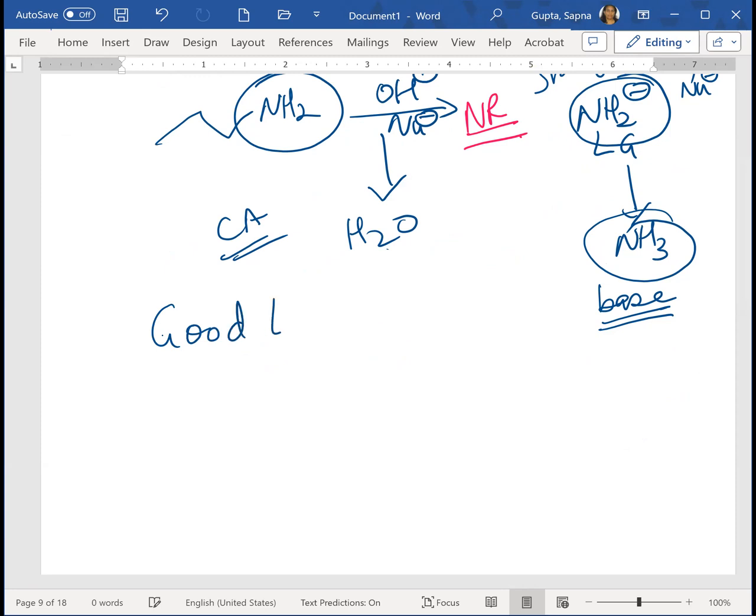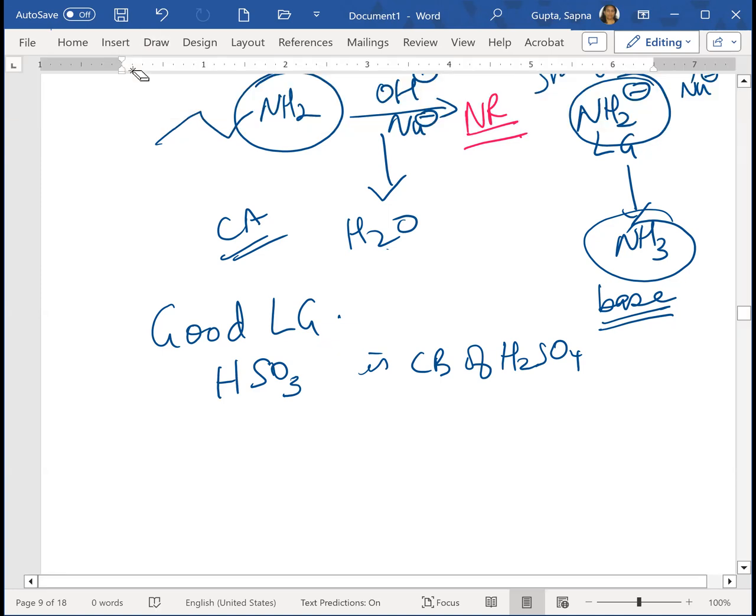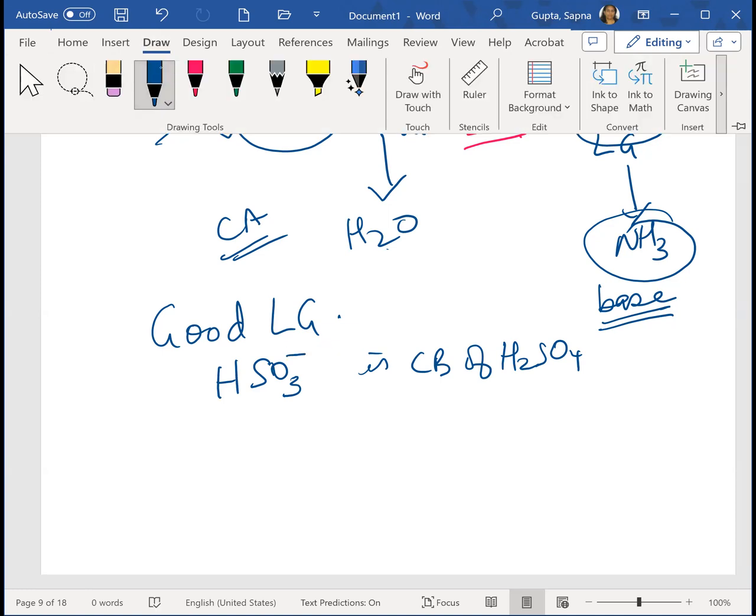Good leaving groups are something like SO3H minus. This is the conjugate base of H2SO4. So H2SO4 minus one hydrogen gives you, and you can write the H first if that helps you, HSO3 minus.